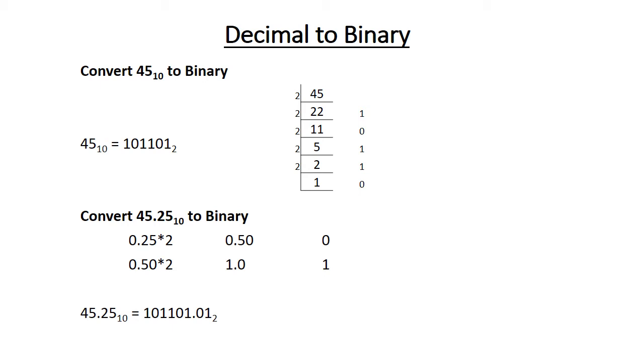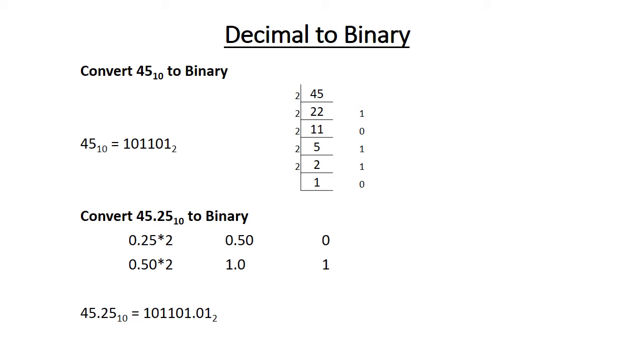So 0.25 multiplied by 2 is 0.50. Out of that, the integer part 0 is written. Again, the fractional part is taken. 0.50 again multiplied by 2. Here you are getting 1.0. So again the integer part is written there and the fractional part is taken. Here there is no need to take the fractional part because you are going to multiply 0 into 2.